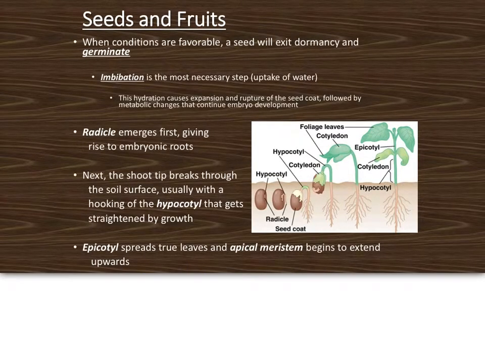Now here's what happens when you plant a seed. When the conditions are right, a seed will exit that dormant stage and it will germinate. And the trigger for germination is taking up water, right? Imbibition, bringing in water.